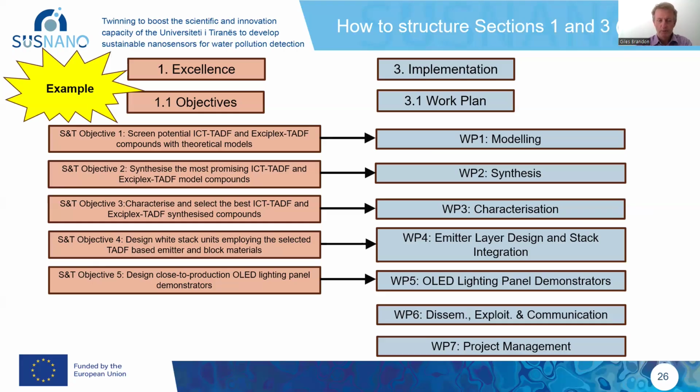Lo and behold, work package 1 is called modeling. Similarly, scientific and technological objective 2 is all about synthesizing these OLED compounds. And that maps to work package 2, synthesis, yeah? So it's all very intuitively structured, clear, hopefully easier for the evaluator to read the proposal.